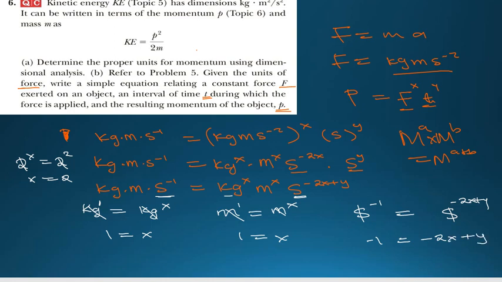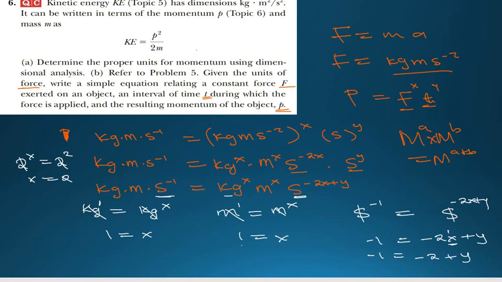So let's go ahead and solve for y. Solving for y, guys, we're going to replace x with 1 there. We're going to put 1 here. 1 times negative 2, we're going to have negative 2 here plus y.